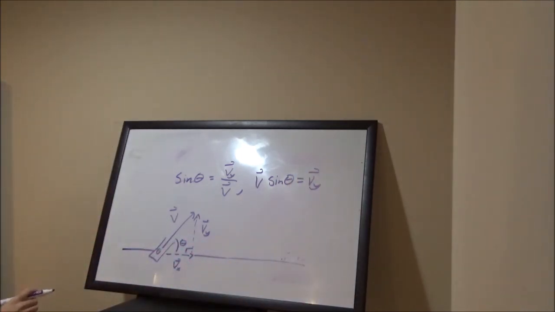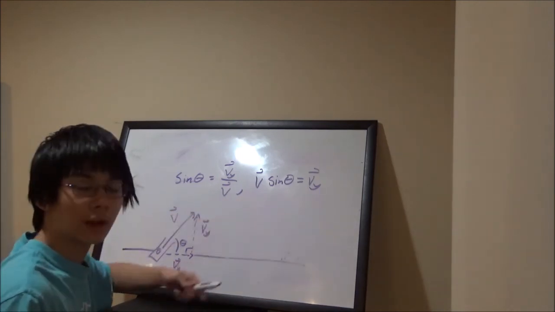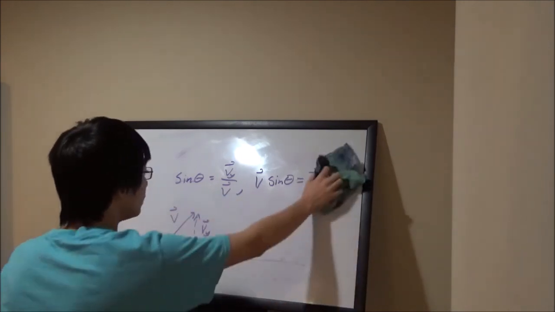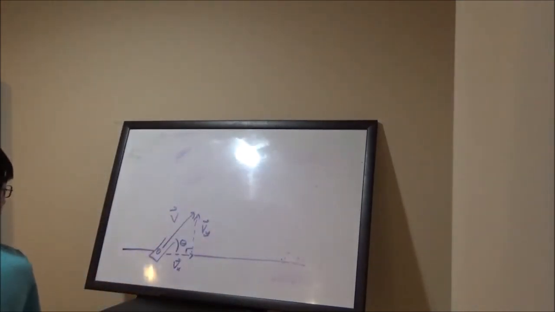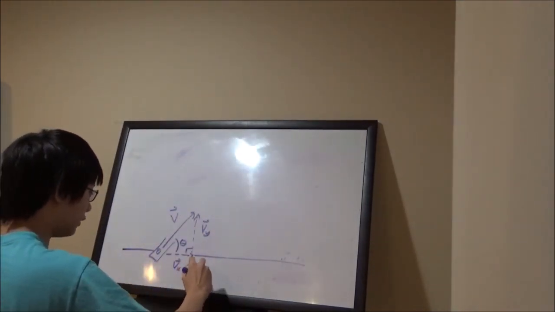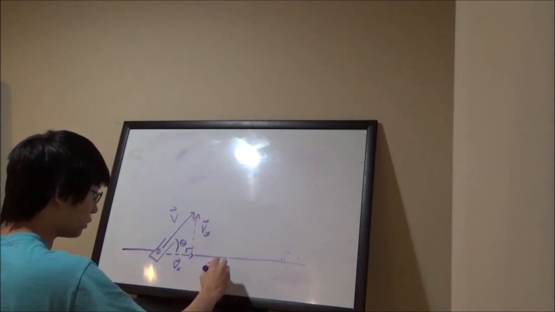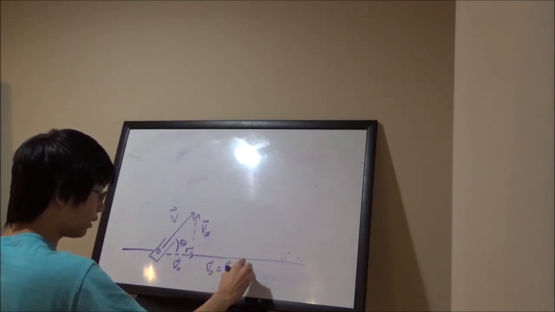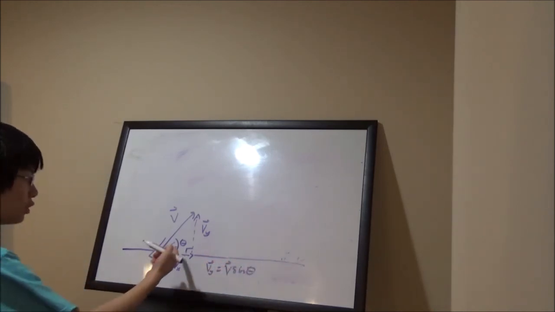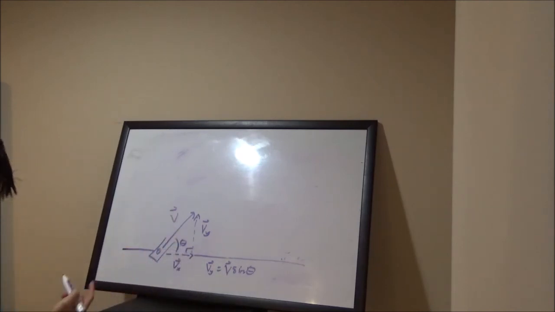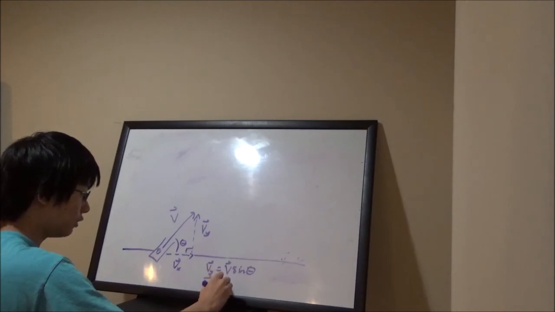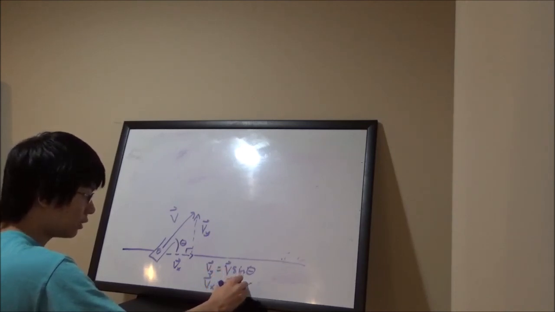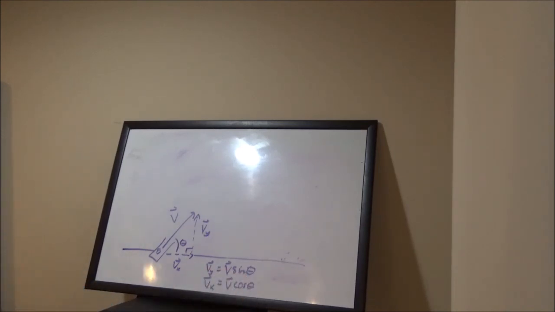So instead of writing Vy, I'm going to write V sine theta every time, because these two are equal. Vy is equal to V sine theta. Similarly, the cosine of theta is Vx over V, so we can rearrange and get Vx is equal to V cosine theta. So these are two things to keep in mind.